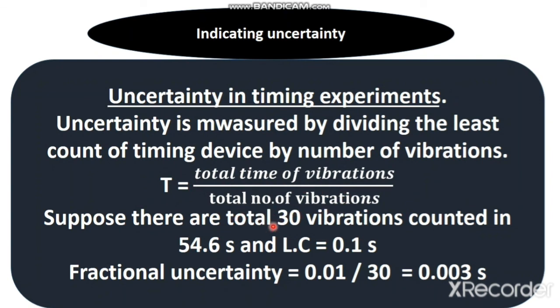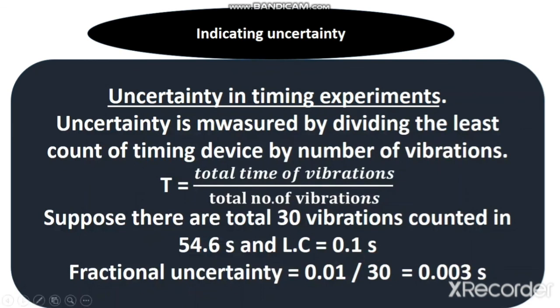Say there are 30 vibrations counted in 54.6 seconds and the least count of the stopwatch is 0.1 second. A stopwatch is used to calculate the time for vibrations.